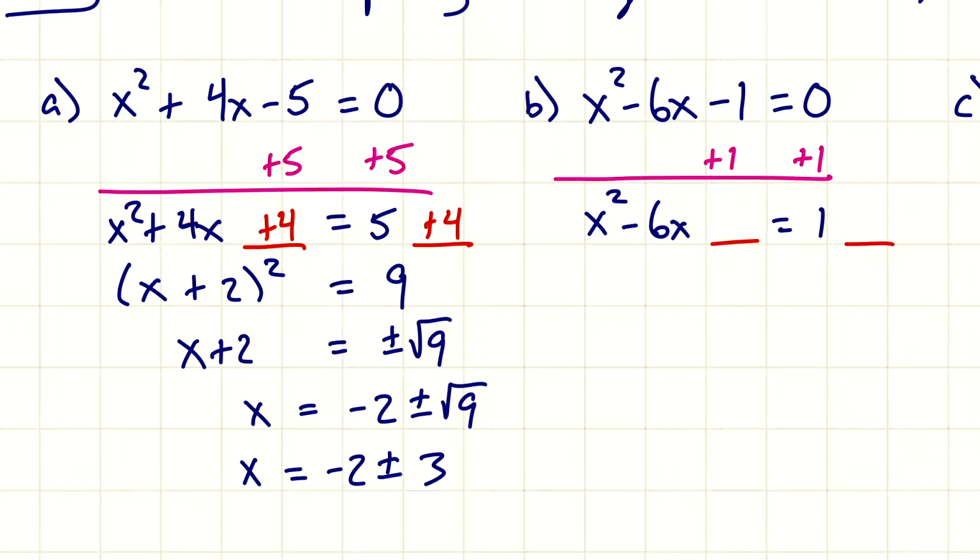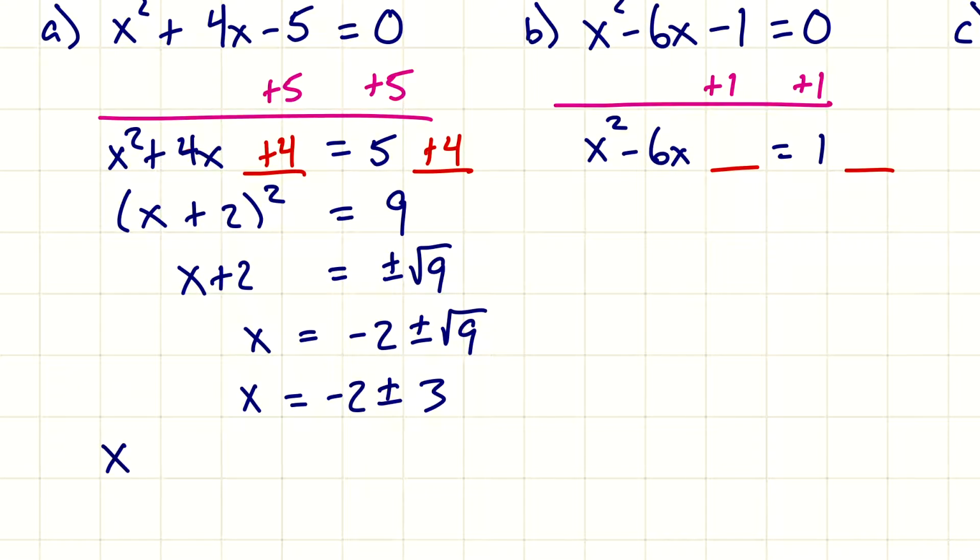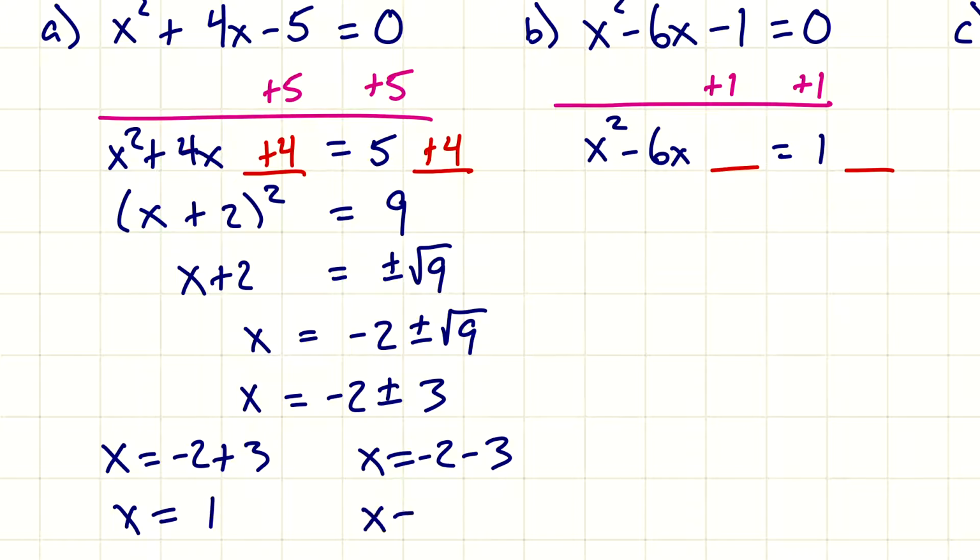Square root of 9 is 3. So we have 2 possible answers, x equals negative 2 plus 3 and x equals negative 2 minus 3, which means we have x equals 1 and x equals negative 5. All right, sorry if I confused you on that last one. So on part B, now we go back to part B.